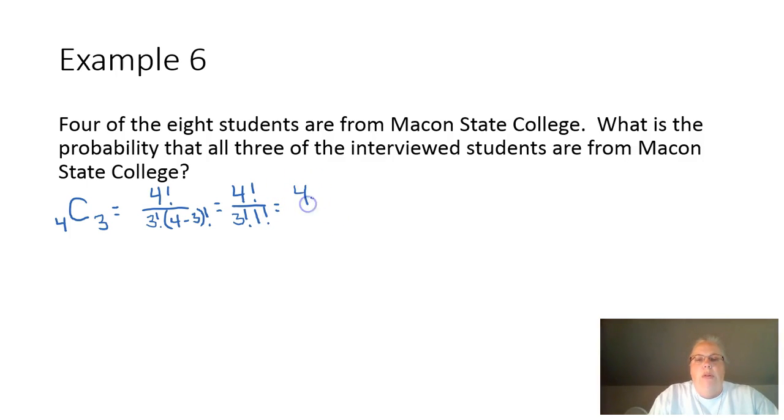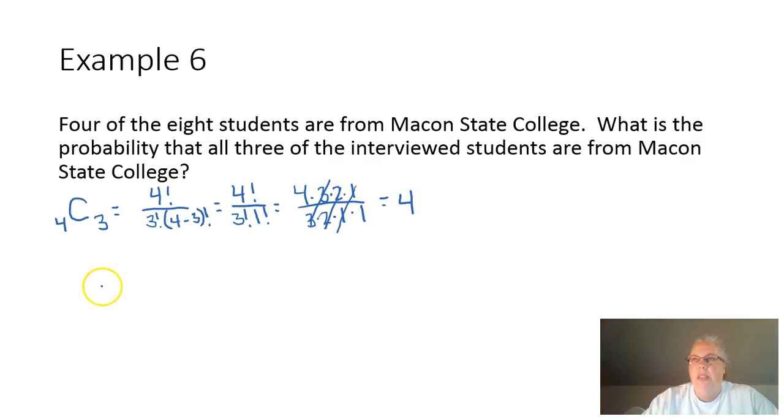So we've got 4 times 3 times 2 times 1 over 3 times 2 times 1 times 1. And now we cancel out what we can. And so it looks like there are 4 different ways to choose the persons from Macon State College who get an interview.